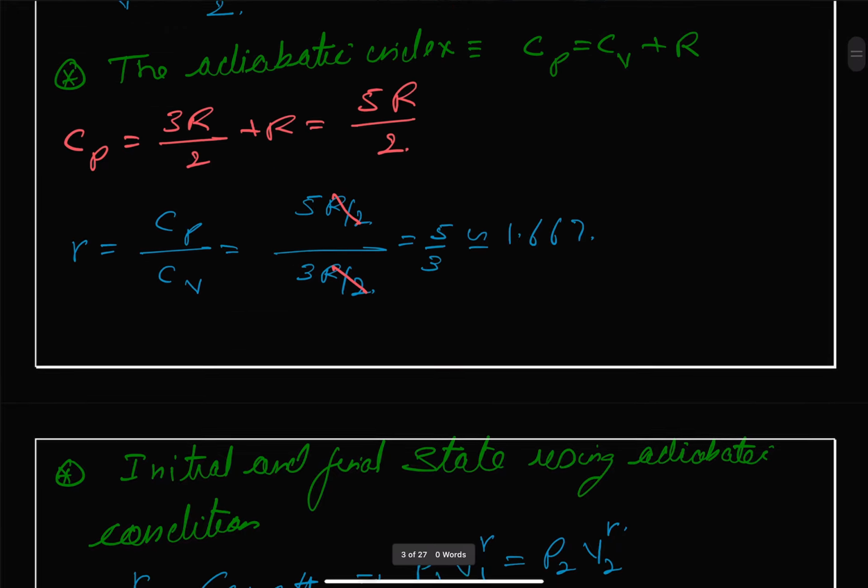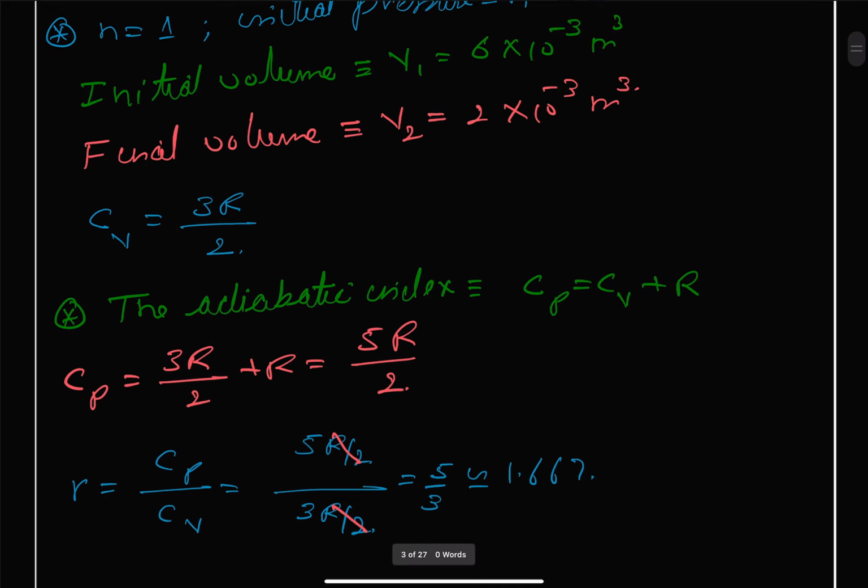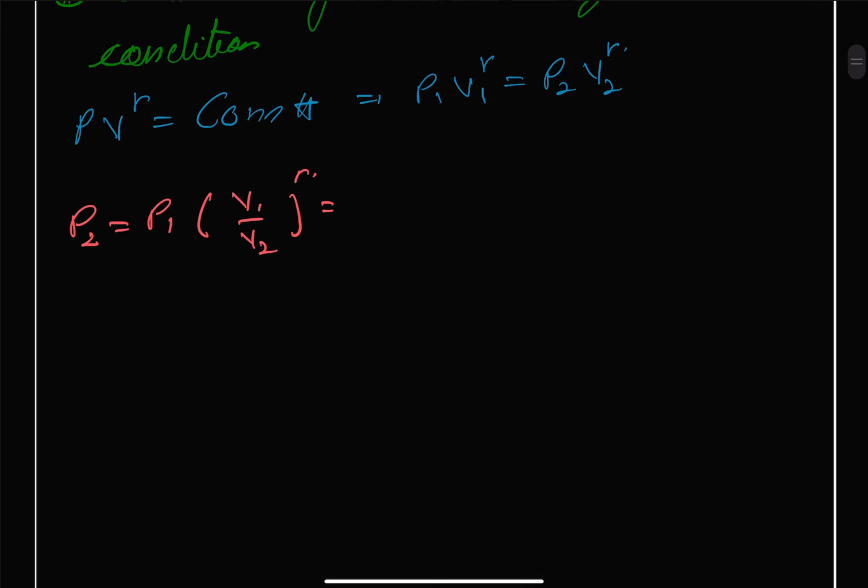P1 is 10⁵, V1 is 6 into 10⁻³, V2 is 2 into 10⁻³, and gamma is 5 by 3. The 10⁻³ cancels, and 6 by 2 goes to 3.